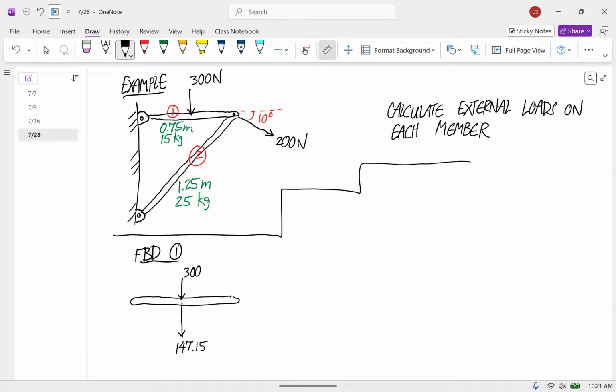But what that does essentially is that has the same effect as if I applied that 200 Newton force to member 1 and then to member 2, that's like having this be a 400 Newton force. What it really does is you have to decide on one of these 2 members to receive that force.